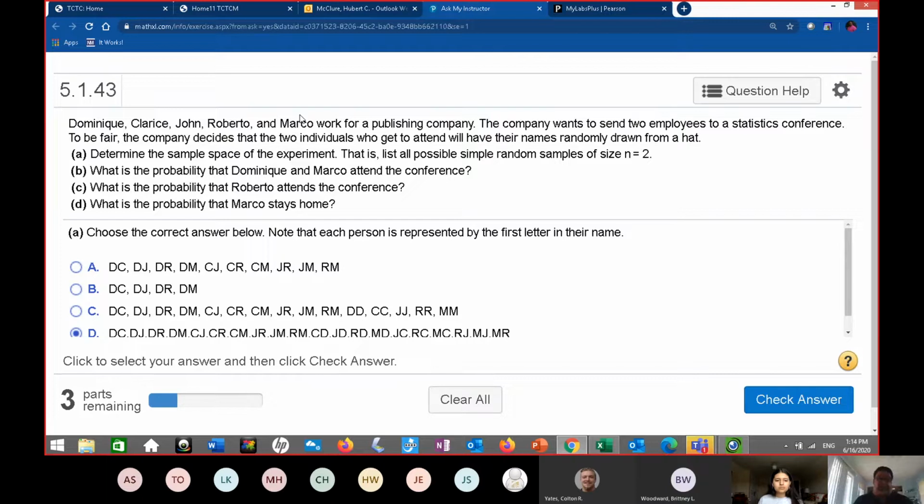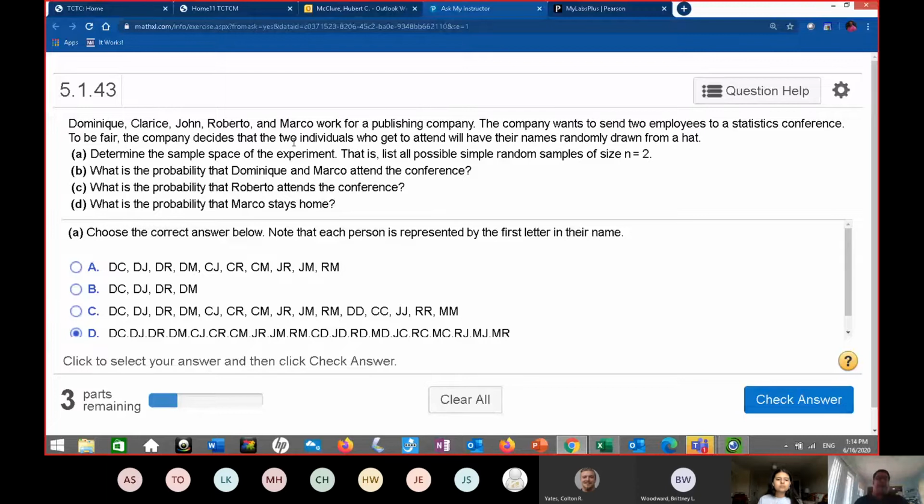So what I would do is I would say Dominique Clarence, Dominique John, Dominique Roberto, Dominique Marco. And then I would make sure I wouldn't include Clarice and Dominique because I've already included Dominique and Clarice. So now I would just do Clarice John, Clarice Roberto, Clarice Marco.